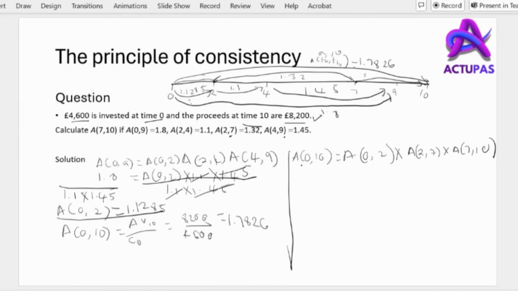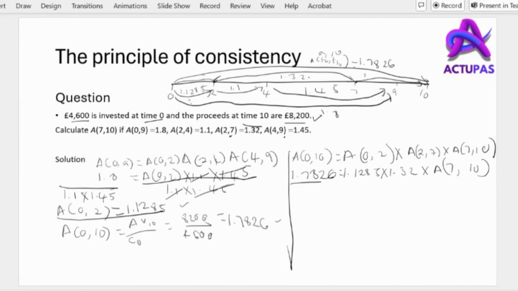Sorry, here it's not correct. So a 0 to 10, we found it here, 1.7826, is equal to a 0 to 2, which we found here, 1.1285, times a 2 to 7, which we have here, 1.32, times a 7 to 10.